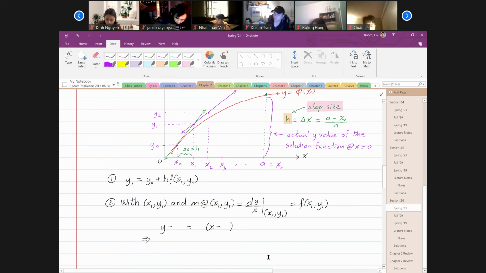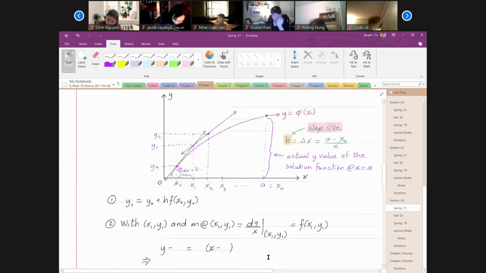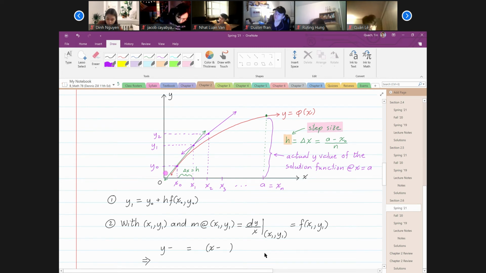All right, so the way to do that is, first, you have this line, so you know the initial y value of the tangent line, and then from here you find the tangent line and find out what the y value of that tangent line is at the next x value.